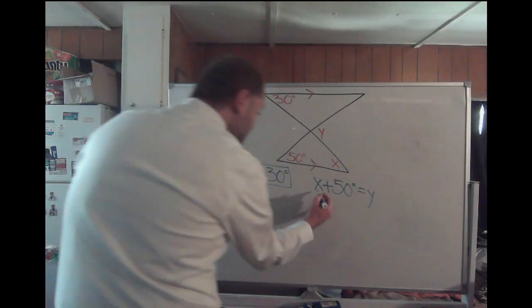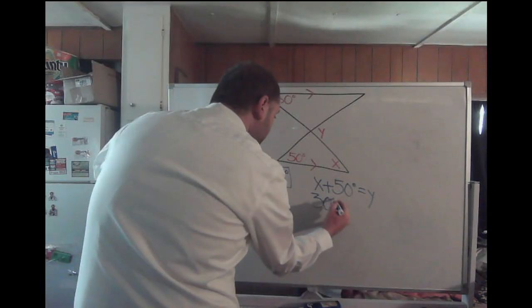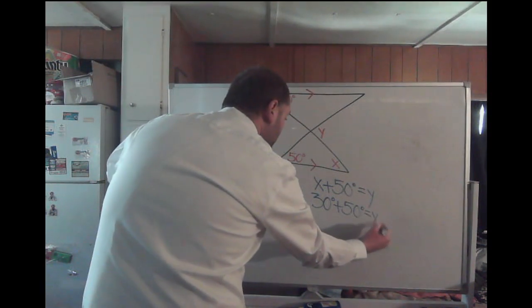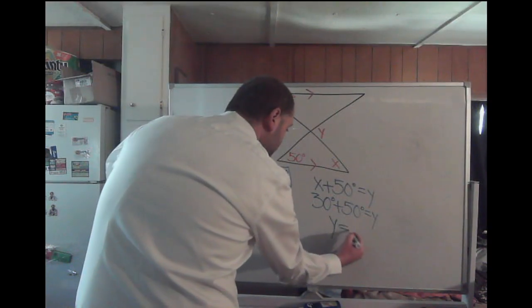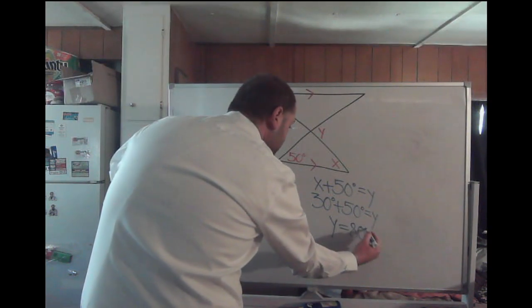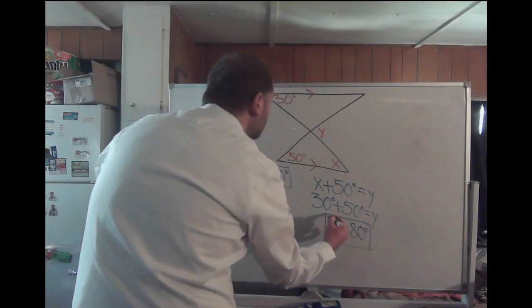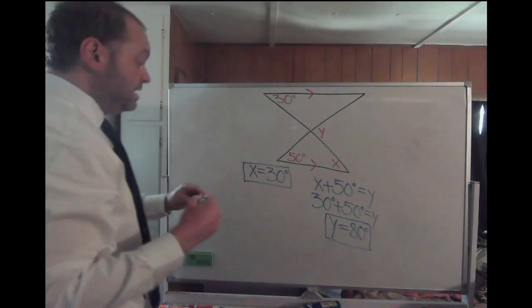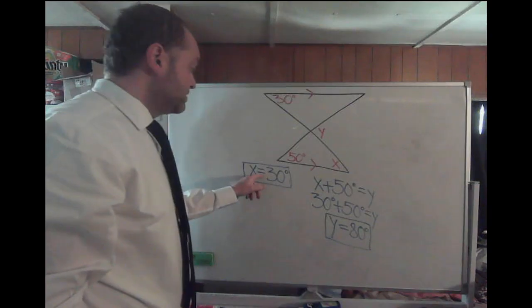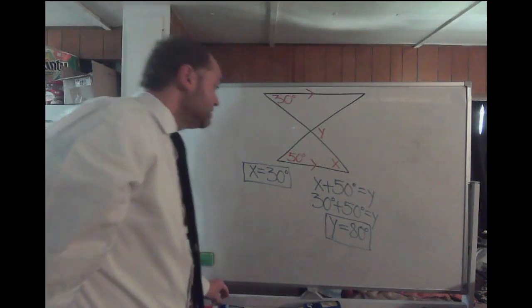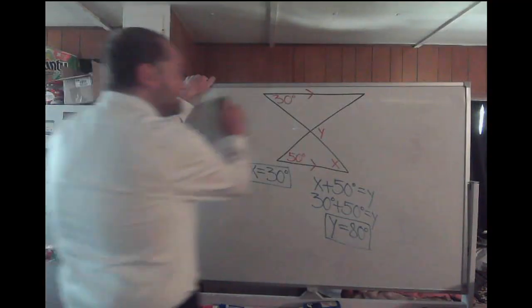Well, we know x is 30, so now you have 30 degrees plus 50 degrees equals y, which can only mean that y is equal to 80 degrees. So that means that x equals 30 degrees and y would equal 80 degrees. So those are the solutions for that.